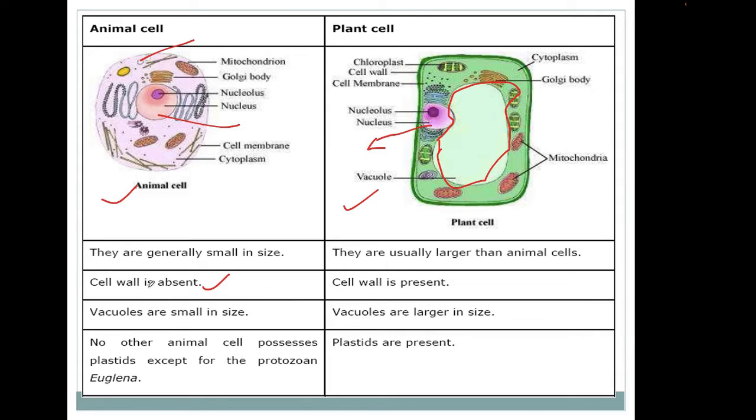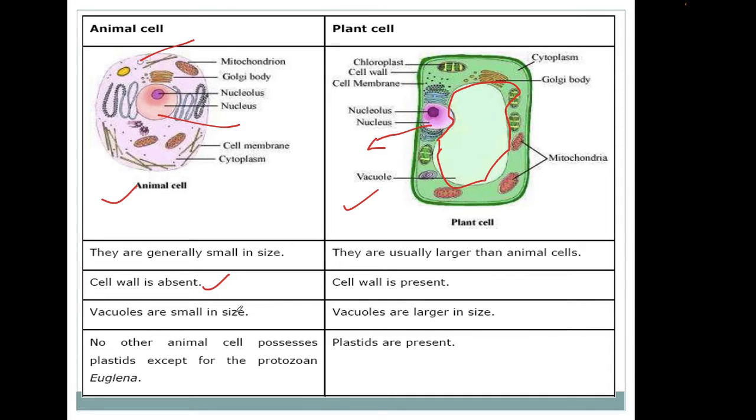In the animal cell, the cell wall is absent, but in the plant cell, the cell wall is present in addition to the plasma membrane and consists of middle lamella, primary and secondary wall.